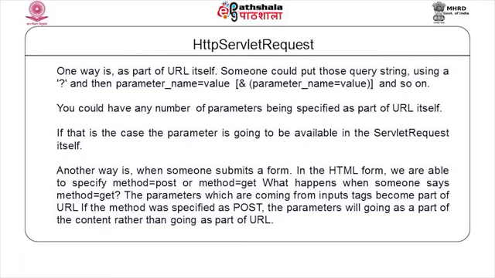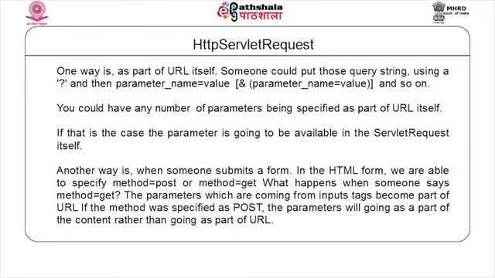In the HTML form, we know there is form and slash form. In the form, we are able to specify method equal to post or method equal to get. What happens when someone says method equal to get? The parameters, which come from the input tags of the form, all go as parameters, but they become part of the URL.